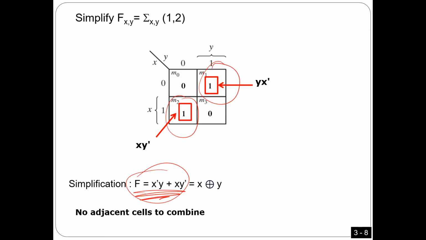Is there a way to group here? There is no way, because these are not neighbors. I can't make one group because they are not neighbors. Neighbors have to be horizontal or vertical, but these ones are not neighbors. That's why I can't combine them together, so I can't simplify this one more.